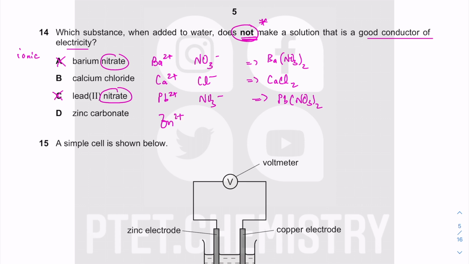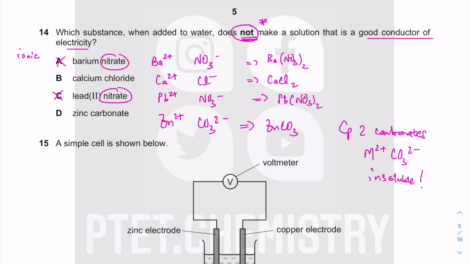Now this is zinc carbonate. This one will give you ZnCO3. So a lot of the carbonates of group 2, M2+ CO3 2-, are insoluble. Again, I am aware that zinc is not from group 2, but zinc is what we call divalent.